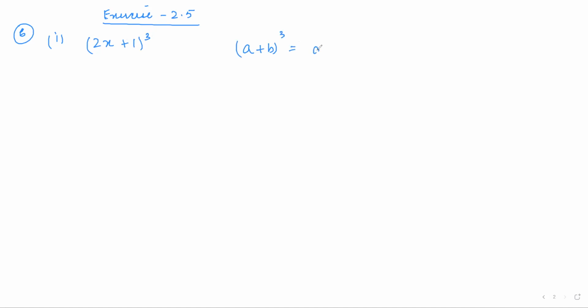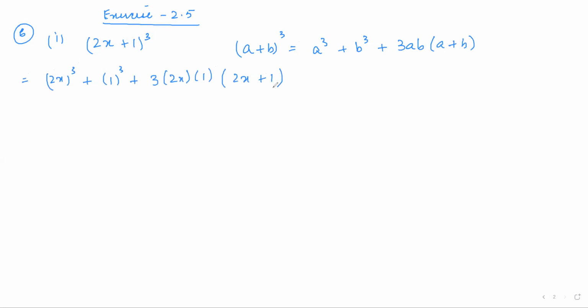So the formula is a cube plus b cube plus 3ab into a plus b, right? So here your a is 2x and b is 1. So this becomes a cube means 2x cube plus 1 cube plus 3ab. So 3 into 2x into 1, a plus b, right?